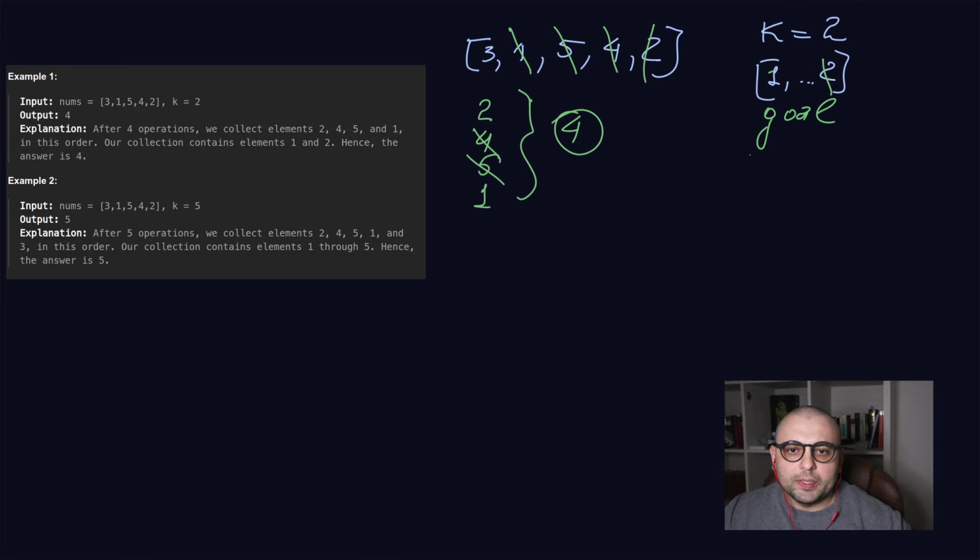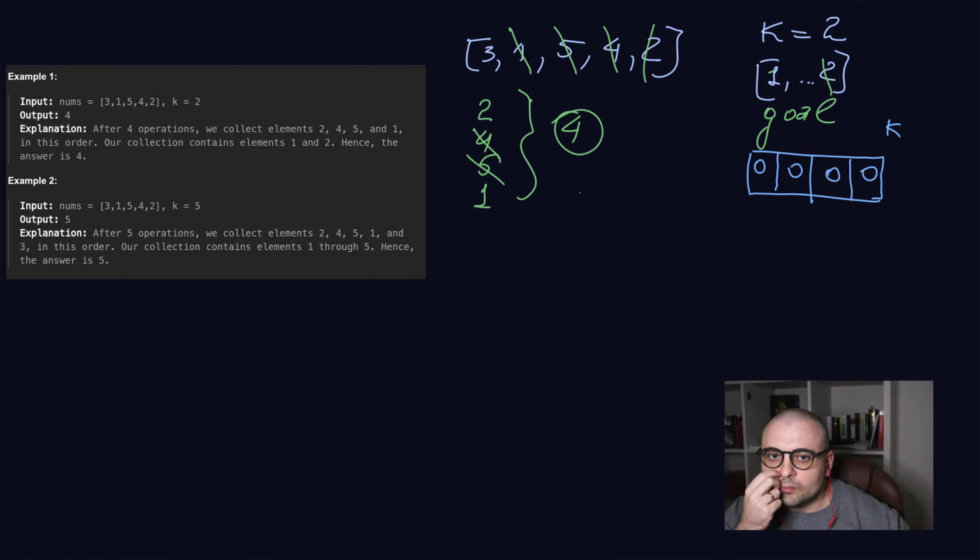So probably we'll create a bucket of size k, and we'll put everything to be 0 at first. Or do we need this bucket? Yeah, maybe we do.